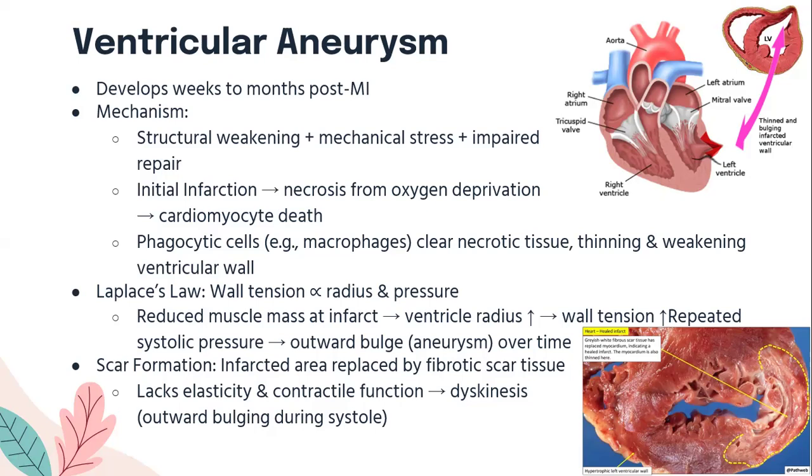Although this fibrotic wall helps contain the weakened area, it continues to bulge outward with each heartbeat, particularly during systole. This is referred to as dyskinesis, where the aneurysmal segment moves abnormally or balloons outward instead of contracting.